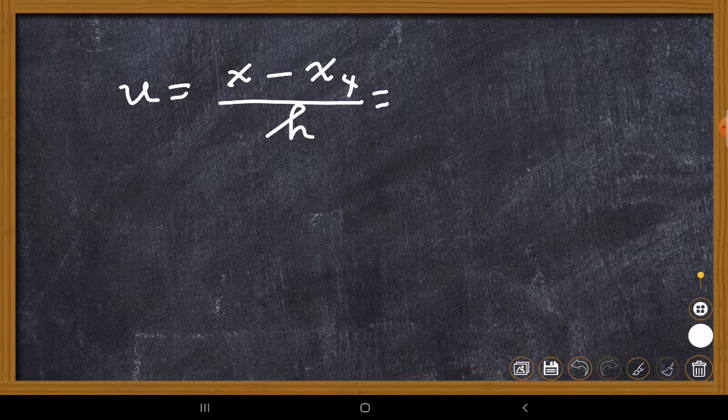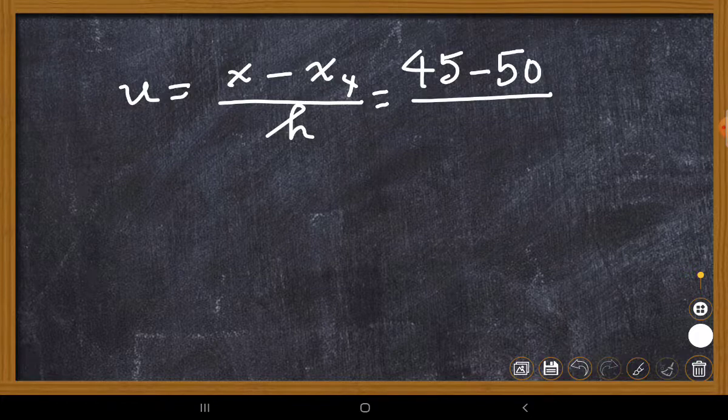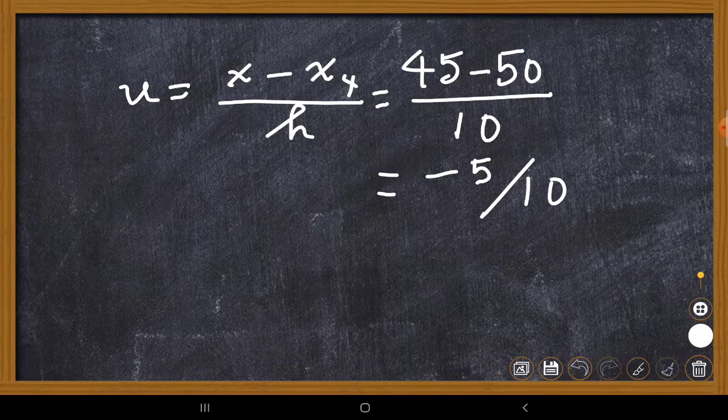So x is 45, the last value of x is 50, and your interval of differencing will be 10. So this will be minus 5 by 10, which is equal to minus 0.5. This will be the value of u.